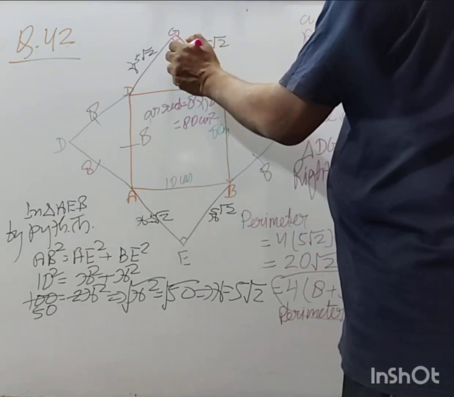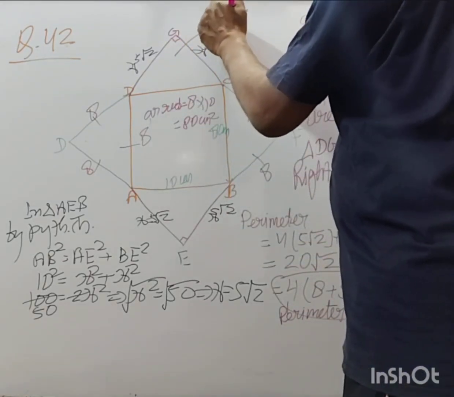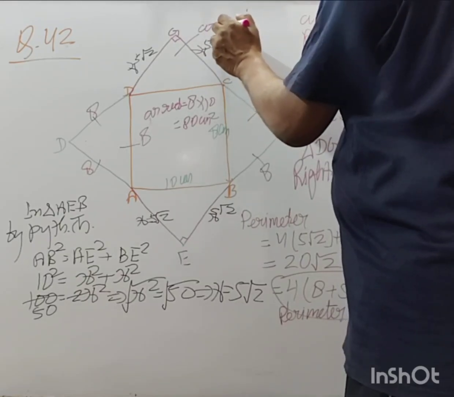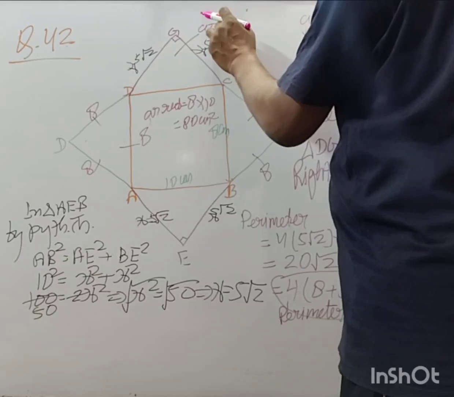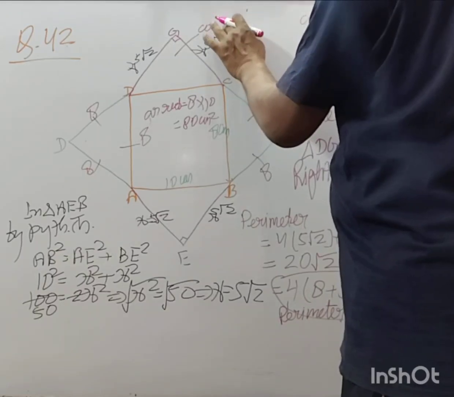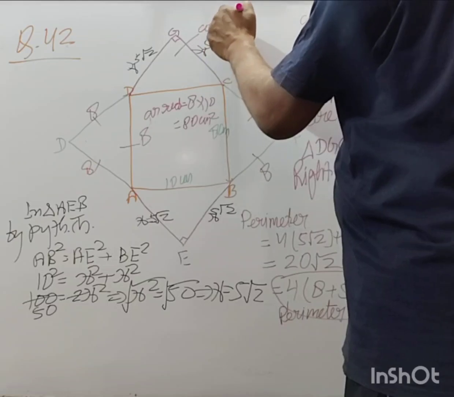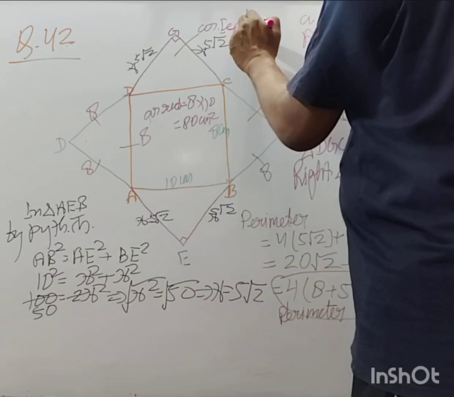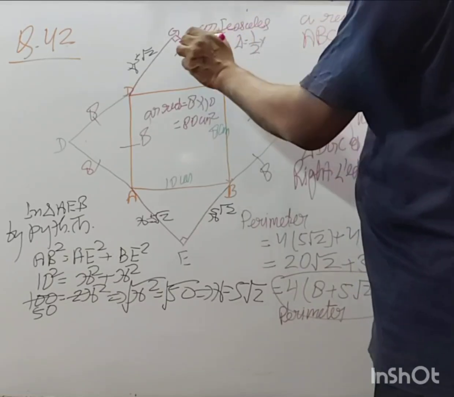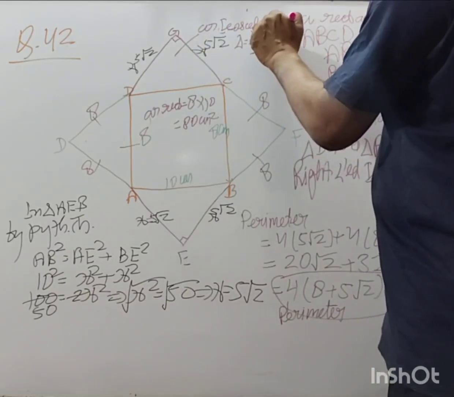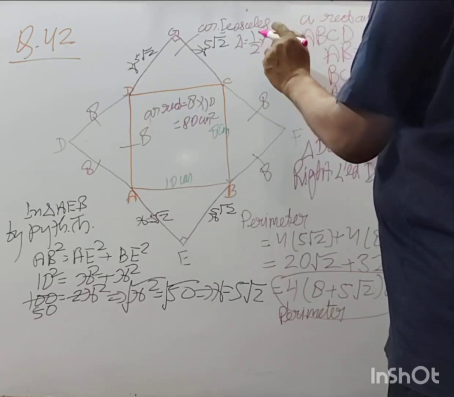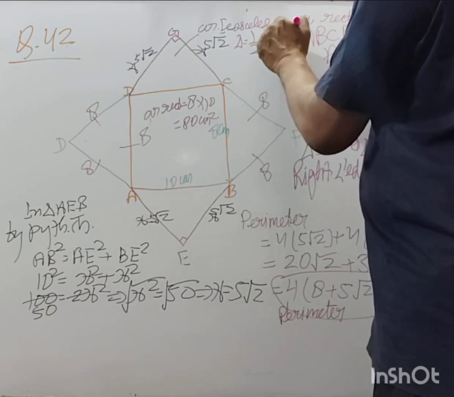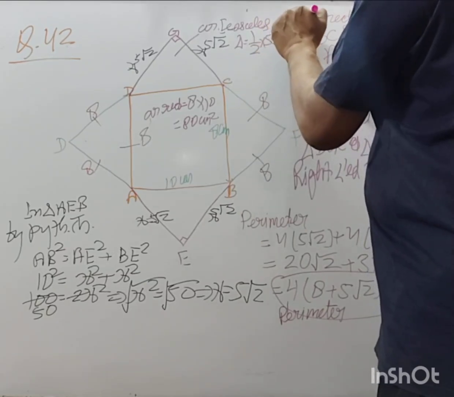Here, area of the isosceles triangle is equal to 1 by 2 base into height, so 5 root 2 into 5 root 2.